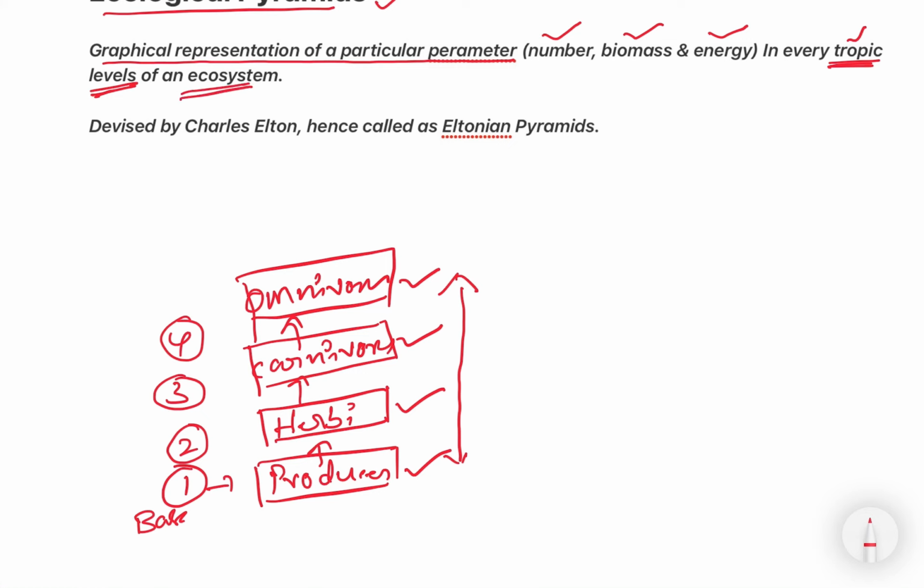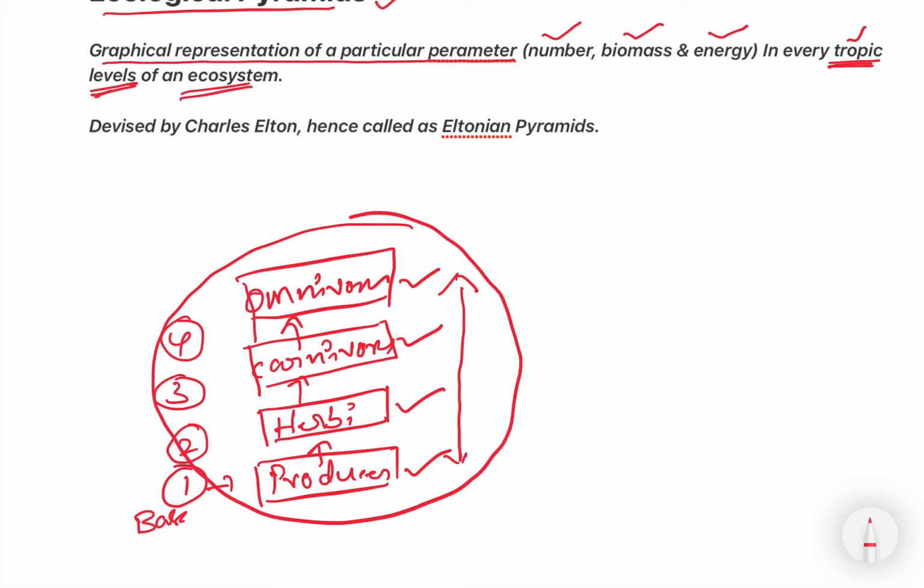In an ecosystem we have different trophic levels, and if you draw a graphical representation of those trophic levels in the form of a triangle, that is considered an ecological pyramid.